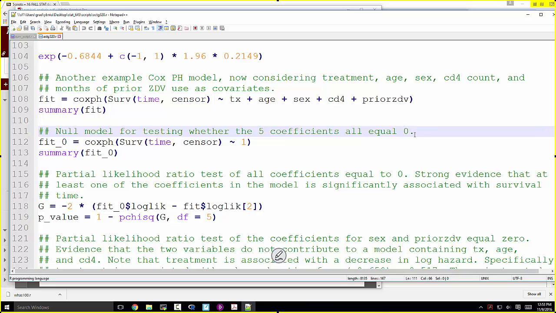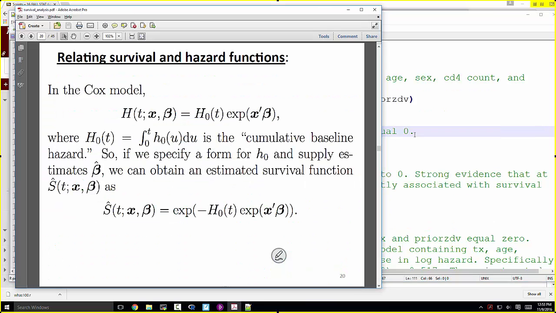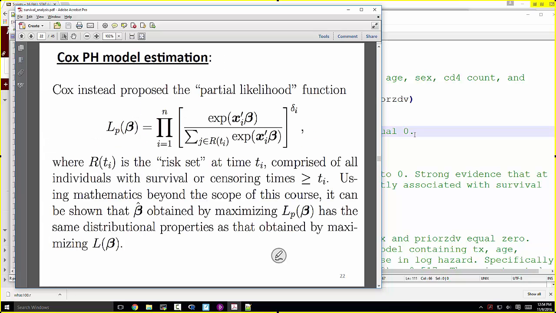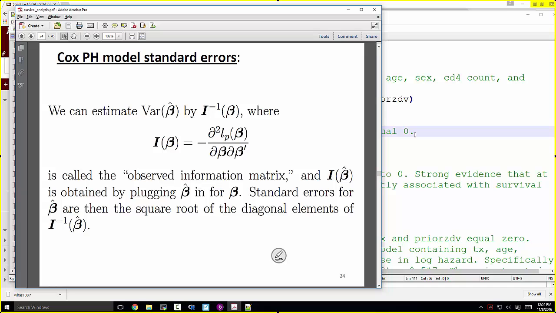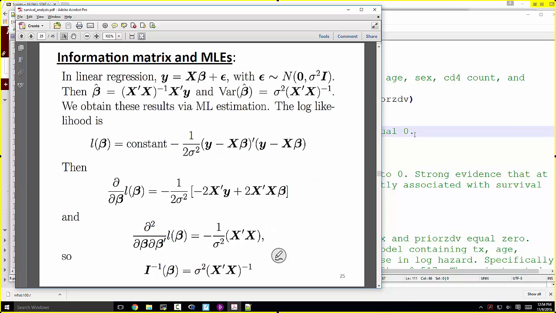We can do tests with Cox models like we have done with the linear models. So we've seen likelihood ratio tests, we've seen those F-tests, we've seen Wald style tests. They're, in the Cox model setting, likelihood ratio tests. So let me do a few slides real quick to get us to that point.